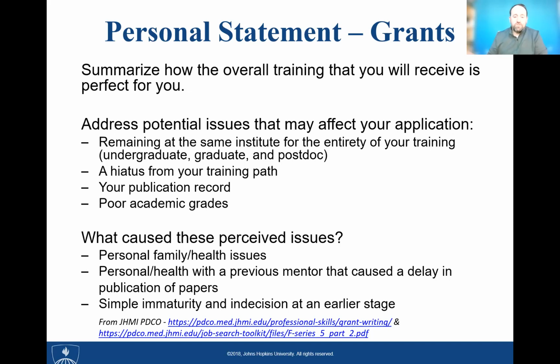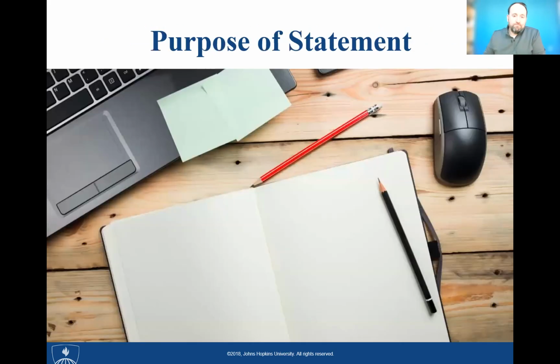You can write about these perceived issues, whether they're personal or family issues, or why there was a delay. Anything you want to address, this might be another place where you can better explain something about yourself and why something might look like a negative in your overall application.